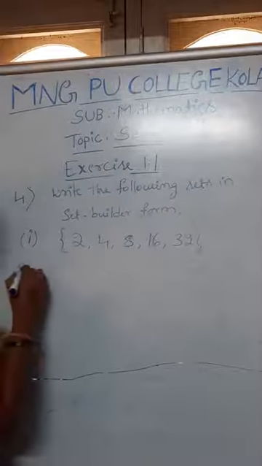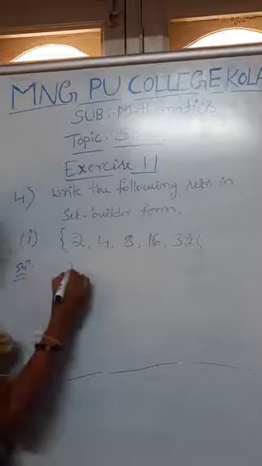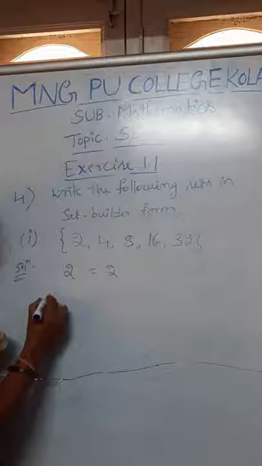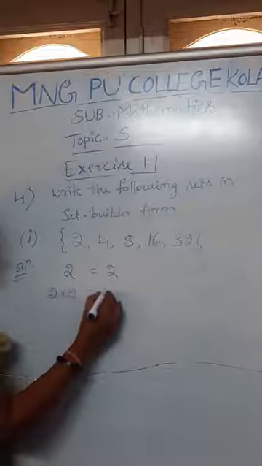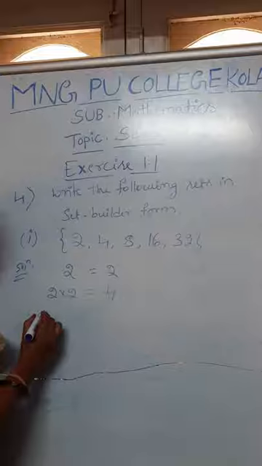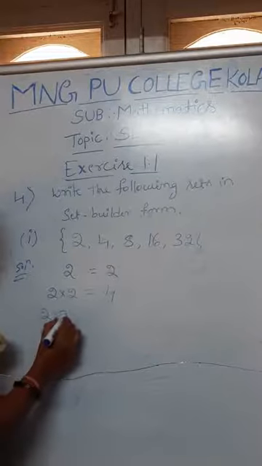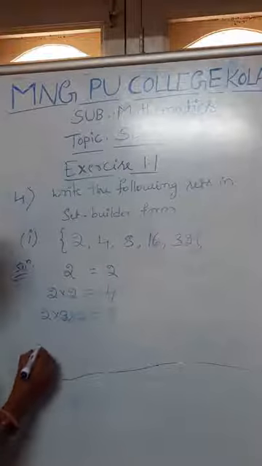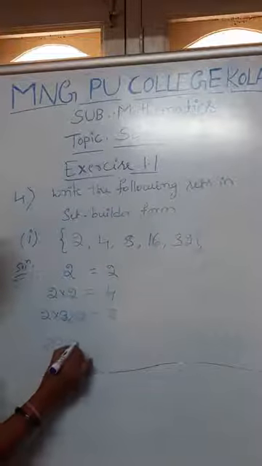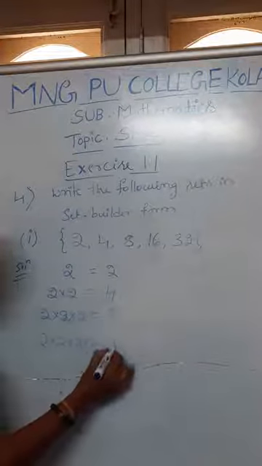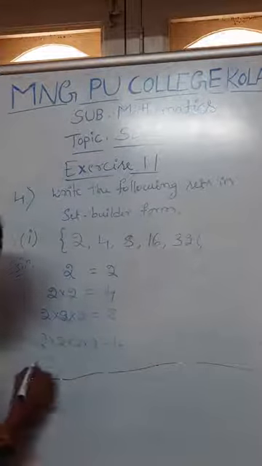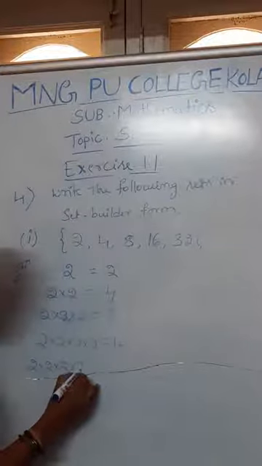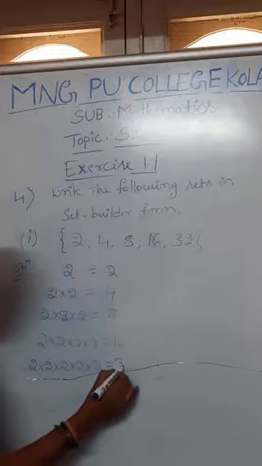So to find out which condition is included in this: 2 times 2 gives 4. If we take 2 three times, we get 8. If we take it 4 times, we get 16. If we take it 5 times, we get 32.